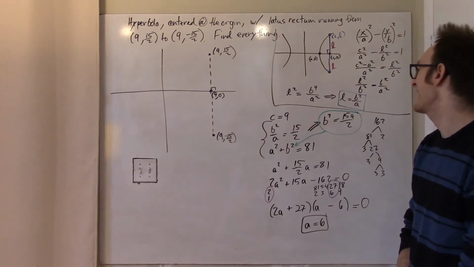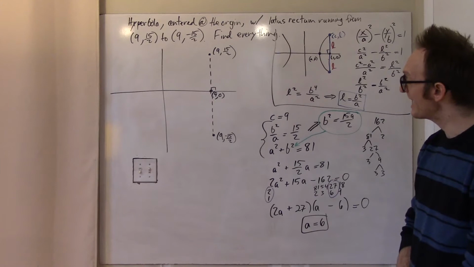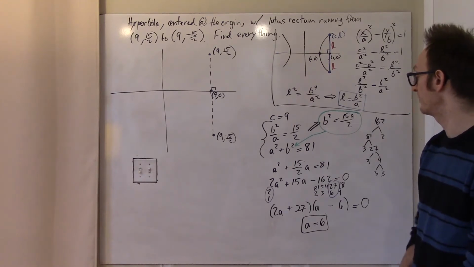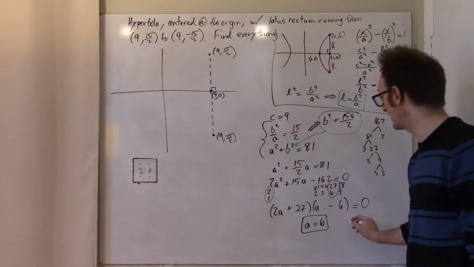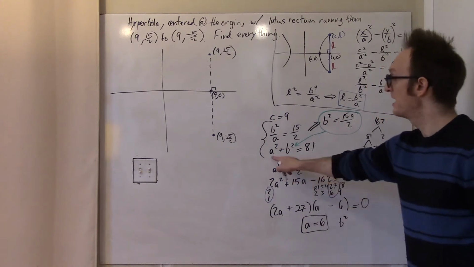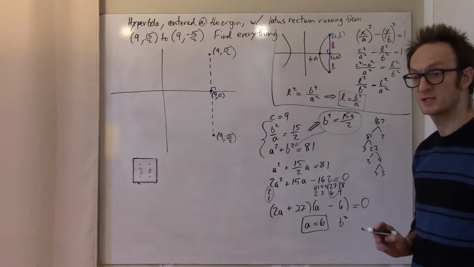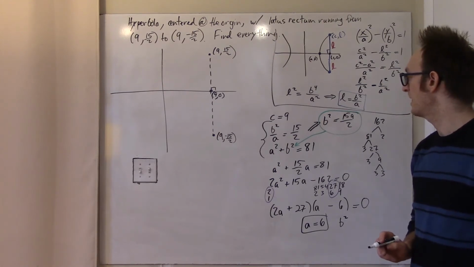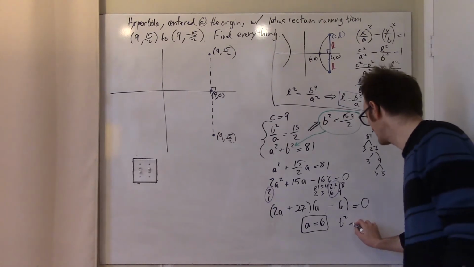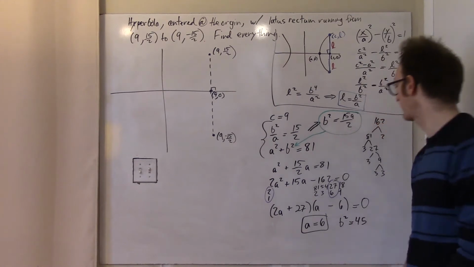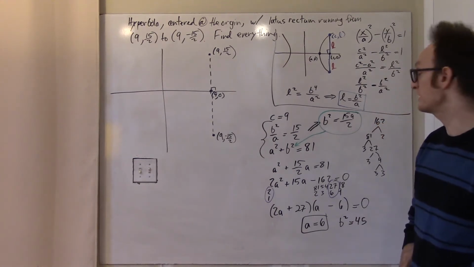Once A is 6, I can just find B. What's B squared? If A squared is 36, then B squared is going to be 81 minus 36, which is 45. I think B squared is 45, because 45 and 36 is 81.